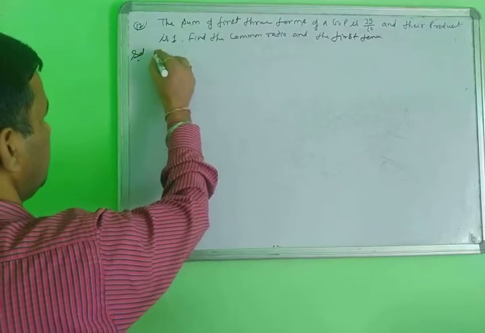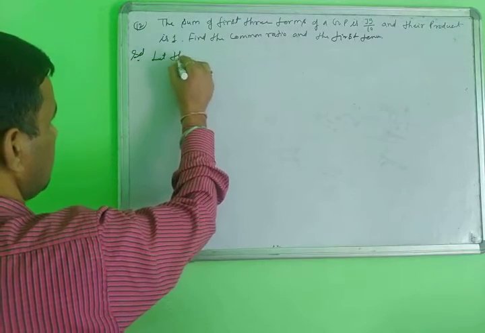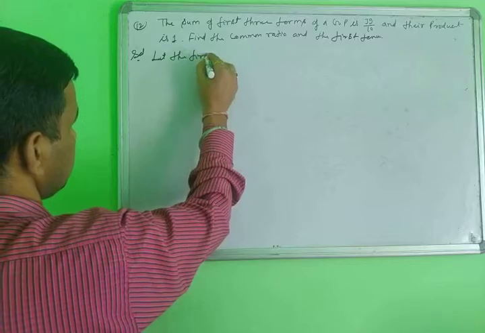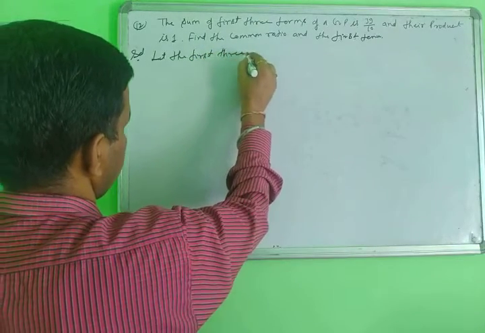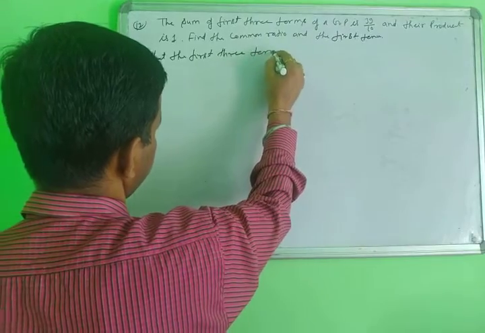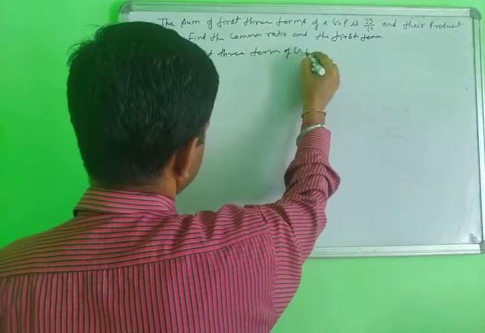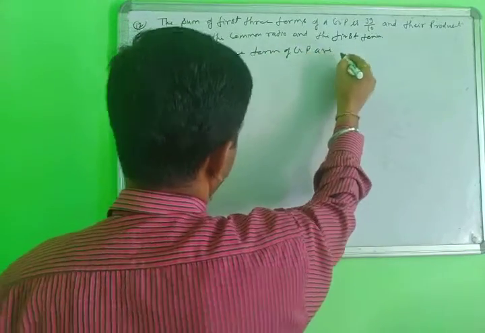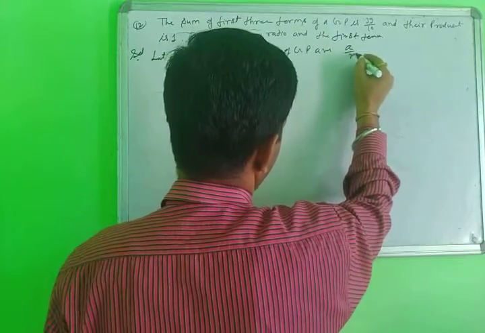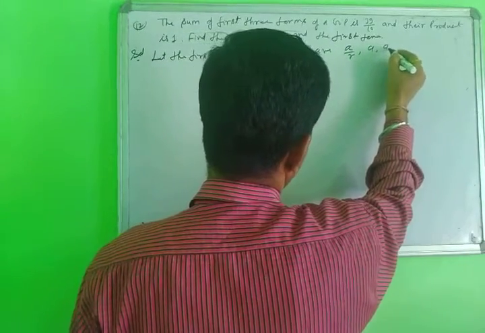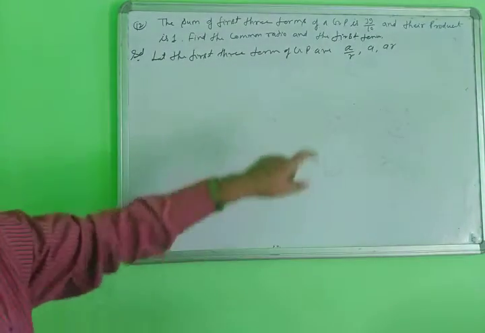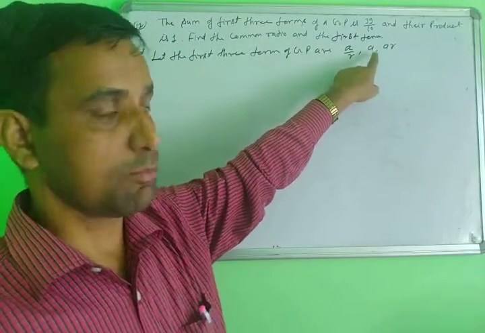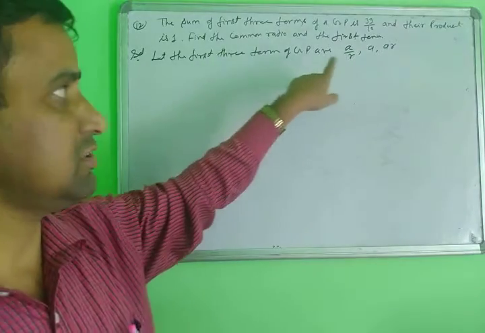Start the solution. Let the first three terms of the GP be a upon r, a and ar. In this way, you will take according to this way. This is the property of the GP. This is fixed.